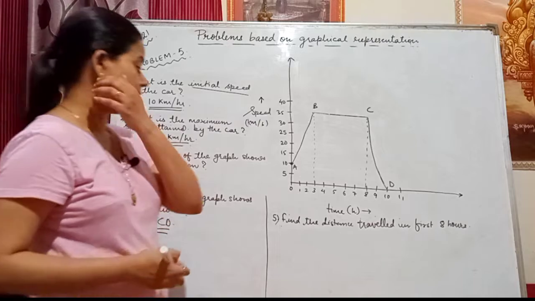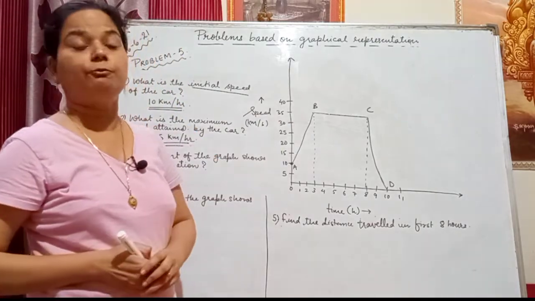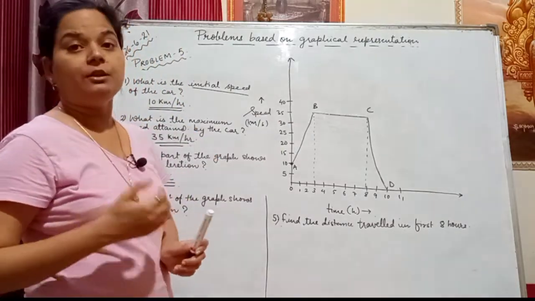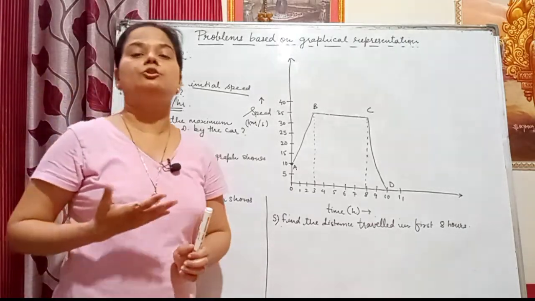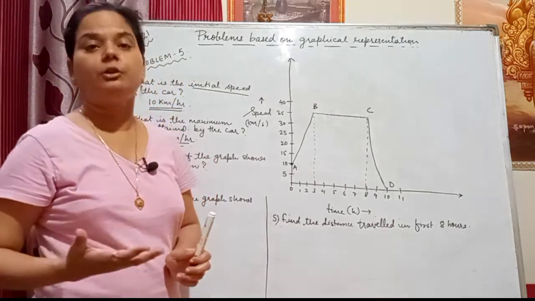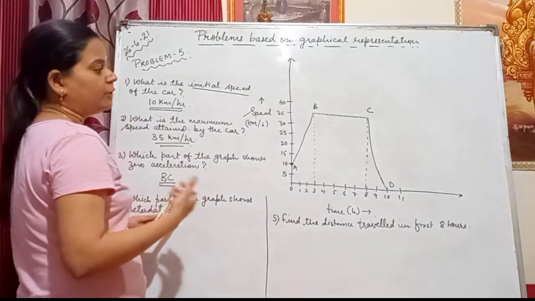Then the last part says: find the distance traveled in the first 8 hours. Within the first 8 hours, what is the distance traveled by the car? Distance traveled is always calculated by the area below the graph, right? So we need to find the whole area below the graph.